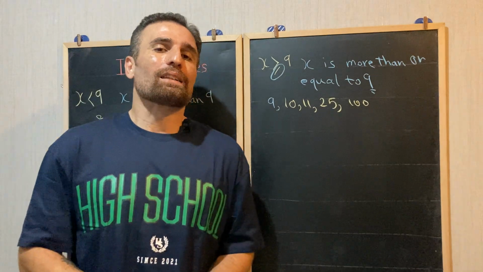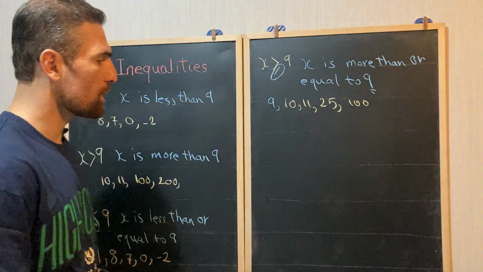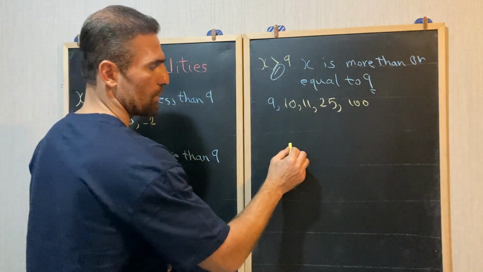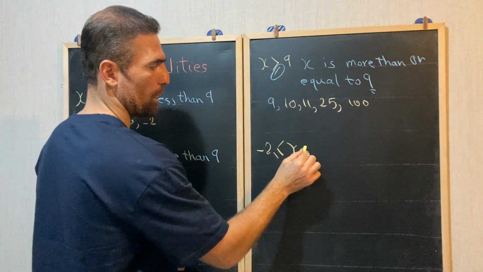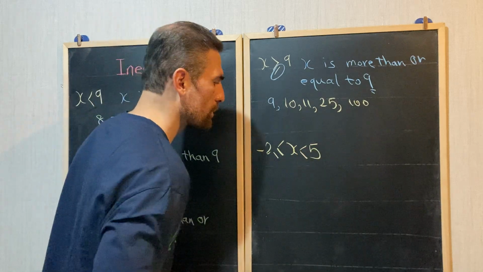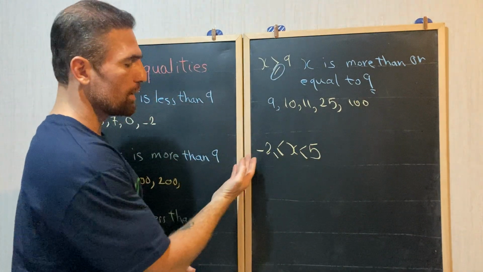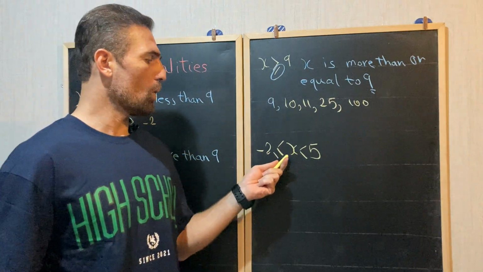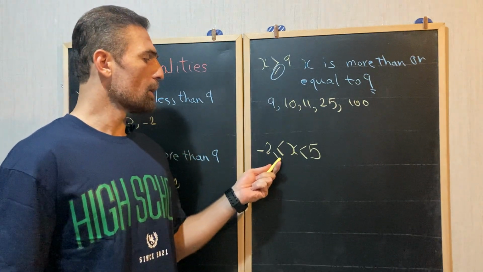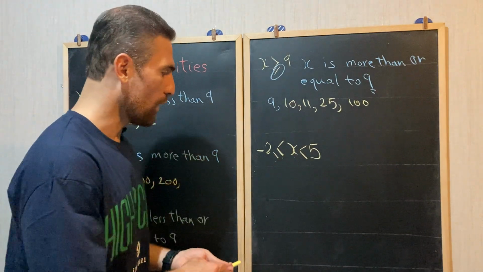But the last thing that we need to cover in this topic is this expression. How can we read this expression? It says -2 is less than or equal to x, and x is less than 5.